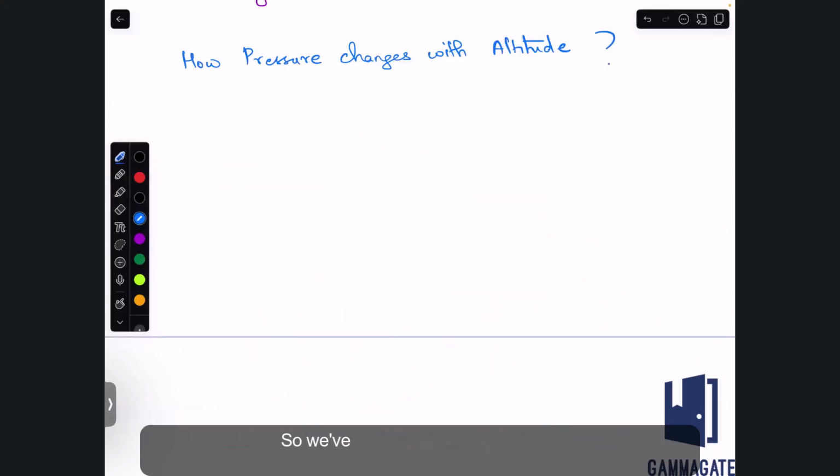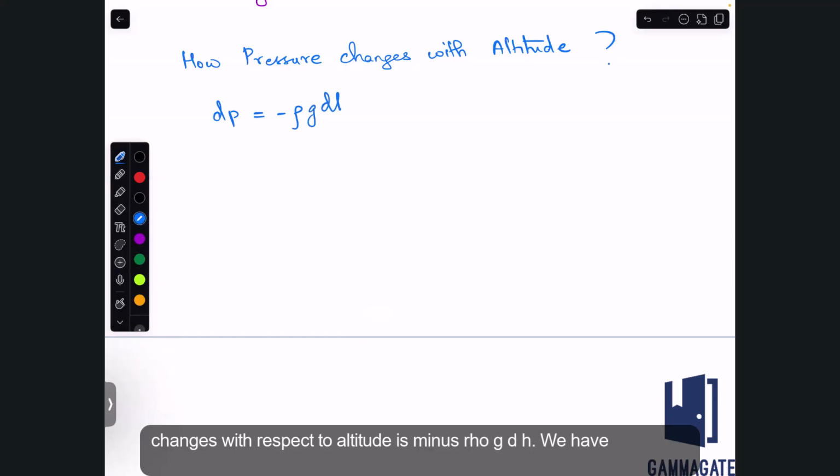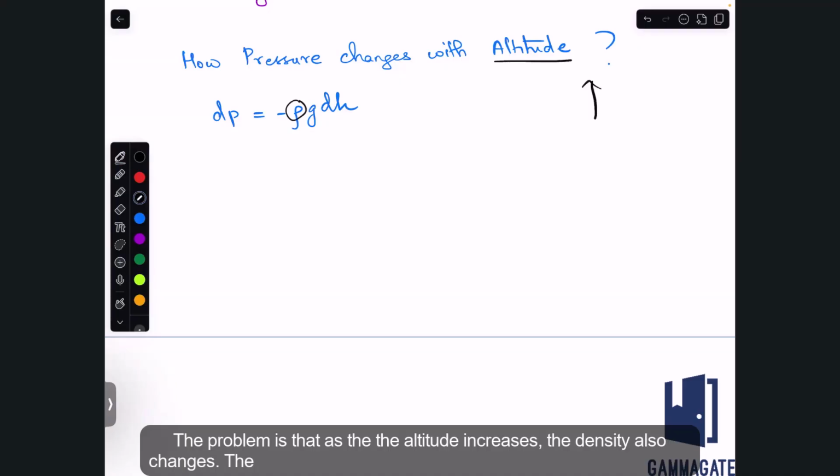We have all seen that the change in pressure with respect to altitude is dP equals minus rho g dh. We have seen that. This is how the pressure is going to change. There is a problem with this formula. As the altitude increases, the density also changes.